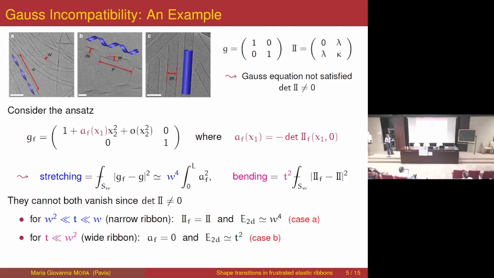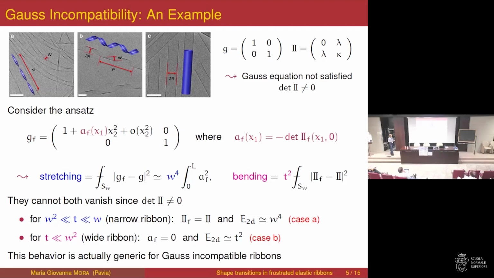And by the way, these geometric conditions describe pretty well what we see in the first two pictures of the experiments. And we will see in a moment that, in fact, this small heuristic description is the correct one every time the incompatibility comes from the Gauss equation.